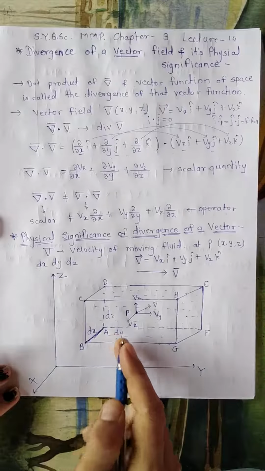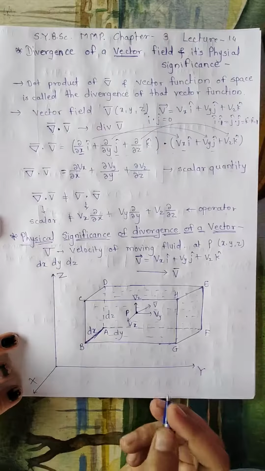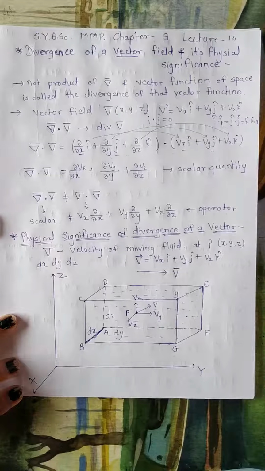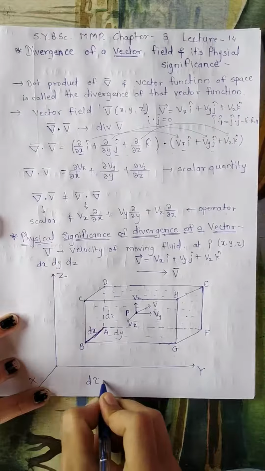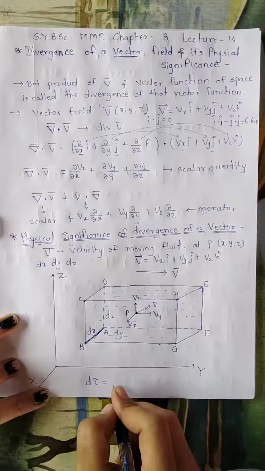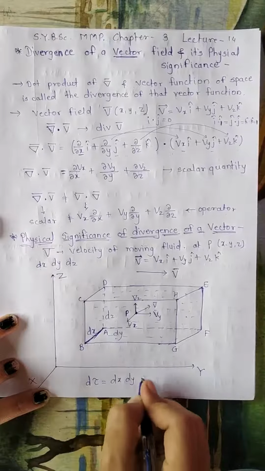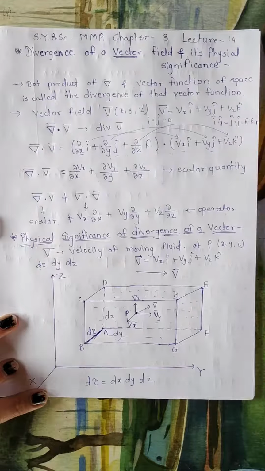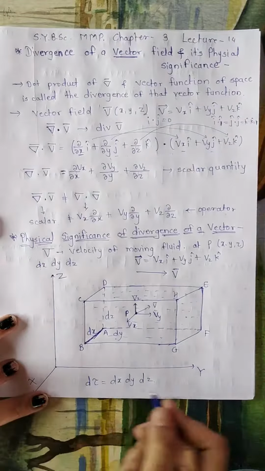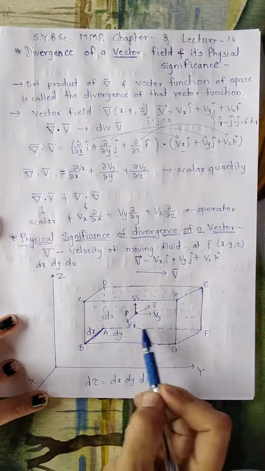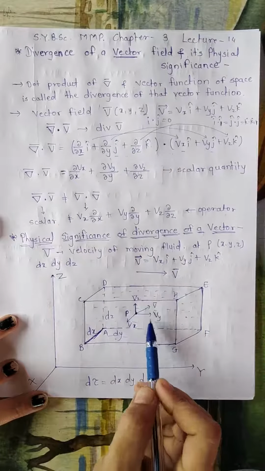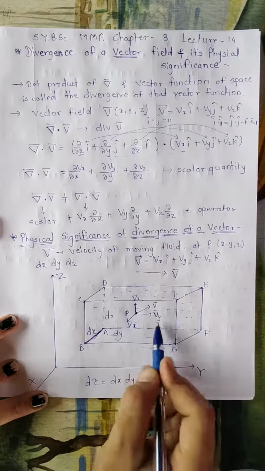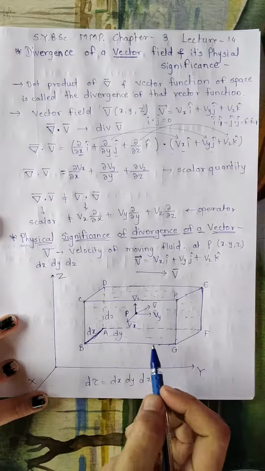Now what will be the volume of this parallelopiped? The volume is given by d tau, the product of these three edges, that is dx, dy and dz. And Vx, Vy, Vz are the components of V bar at point P along the x, y and z axes respectively.